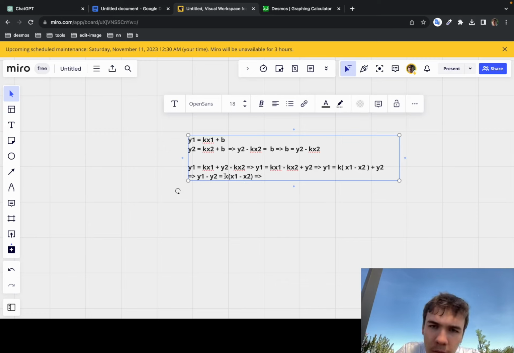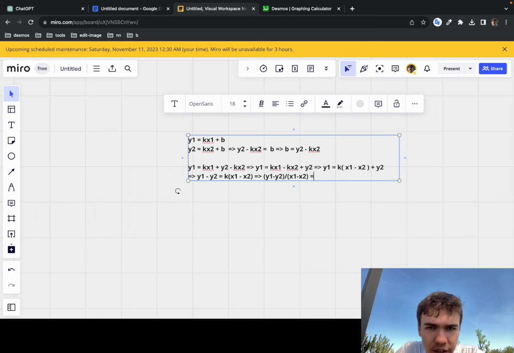So now what I'm about to do is divide both parts by x1 minus x2. It will be something like that. I can make brackets here, it's allowed, and then divide. This is the dividing, divided by our x1 minus x2.